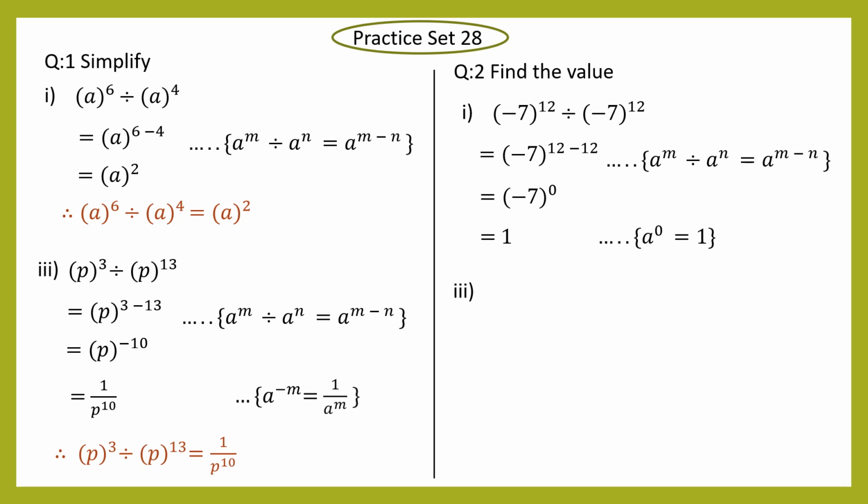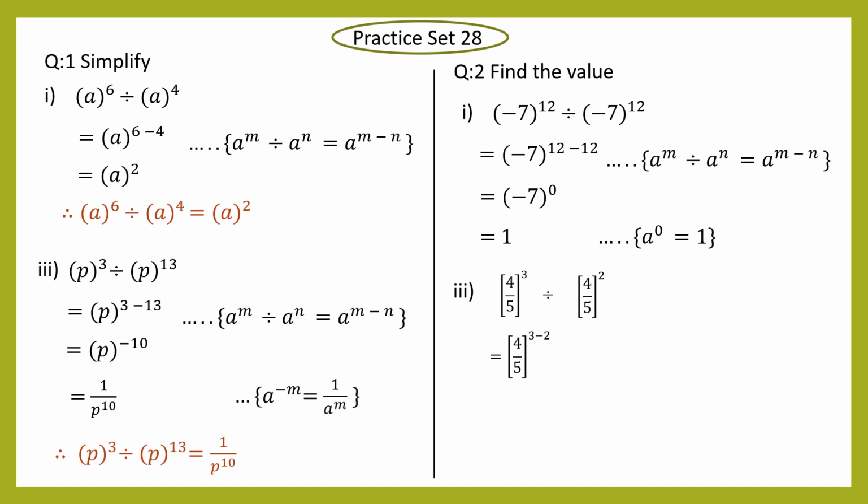Let's go to the next sub question 3. 4 upon 5 the whole cube divided by 4 upon 5 the whole square. So we have two numbers in the index form where base is in the form of fraction, that is 4 upon 5, and in between we have divide sign, so we are going to subtract the powers.